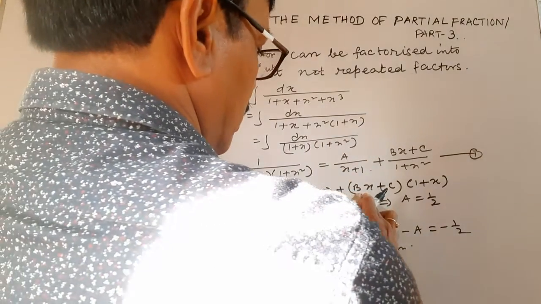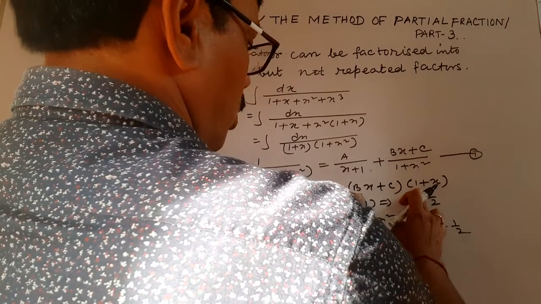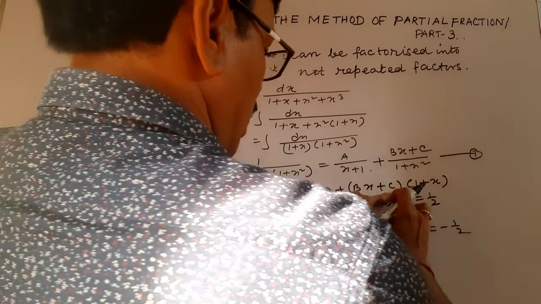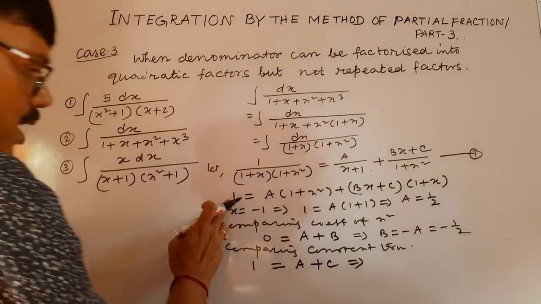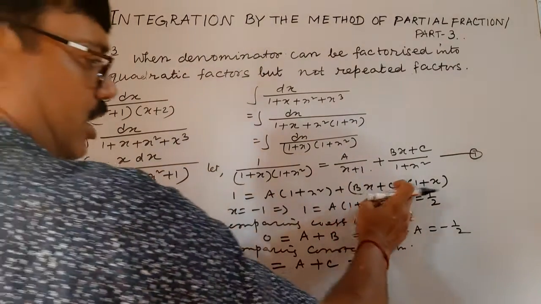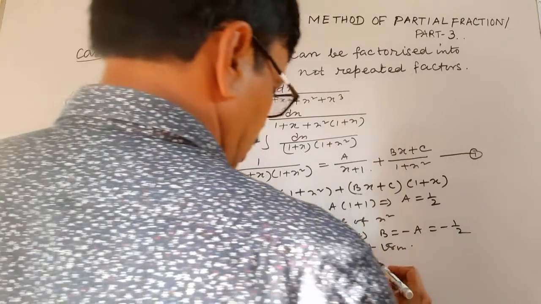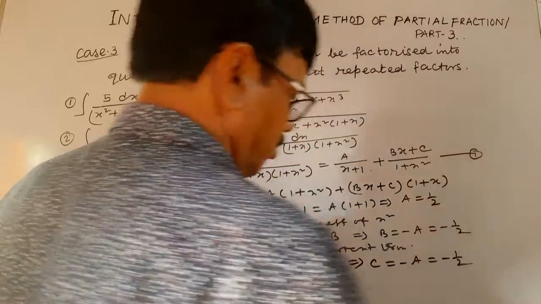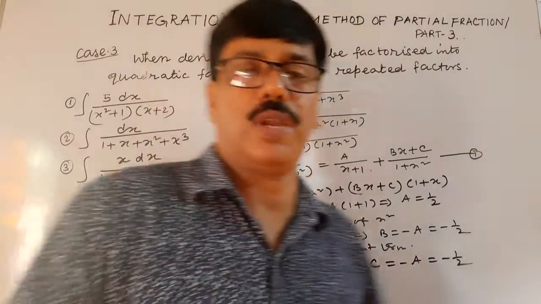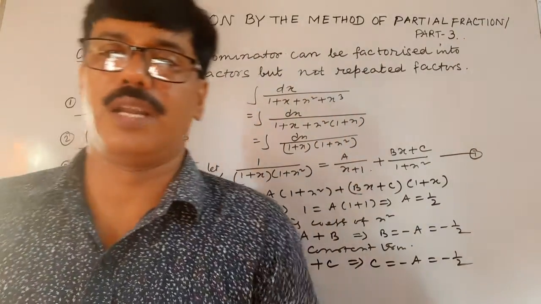Bx into 1 is not possible, x into C, so C into 1 is the constant term. So 1 equals A into 1 plus C into 1. So what is C? C equals 1 minus A, which is half. So this is our main aim, to find A, B, C.